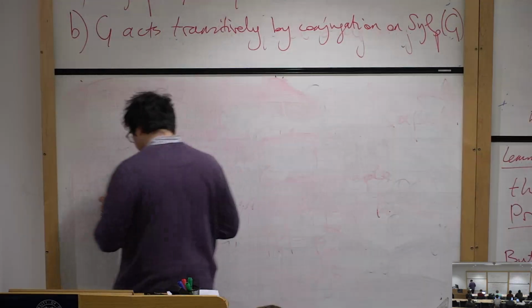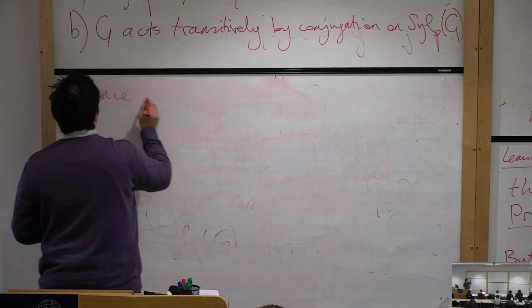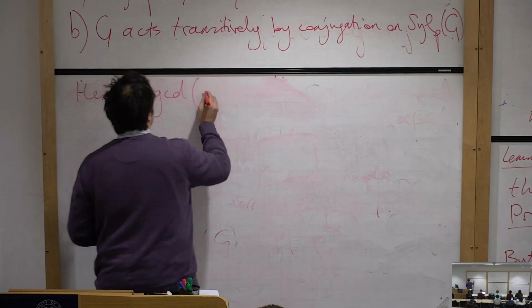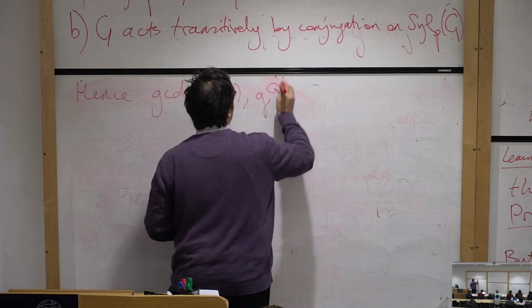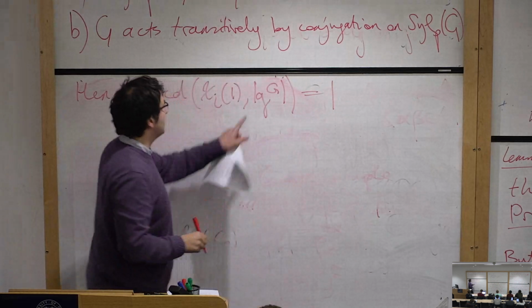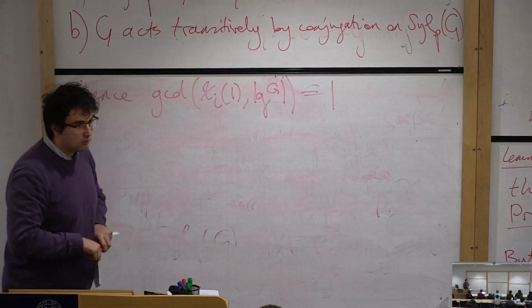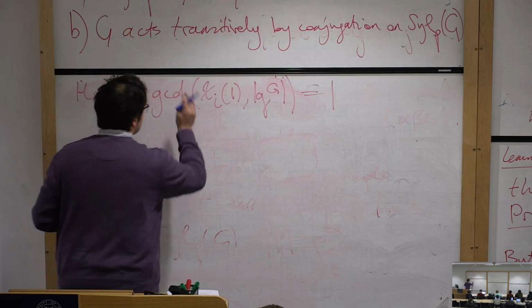So that being the case, this character degree is co-prime to this conjugacy class size. This is a power of q, this is not a multiple of q. And that means I can get the Bezout's lemma going.